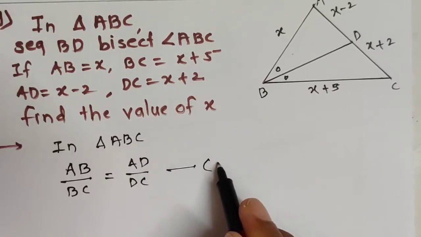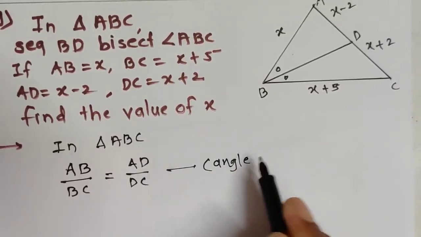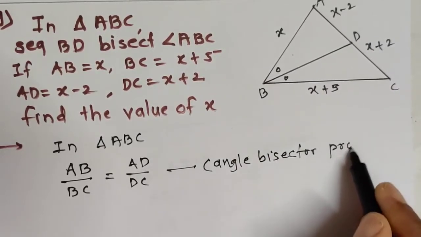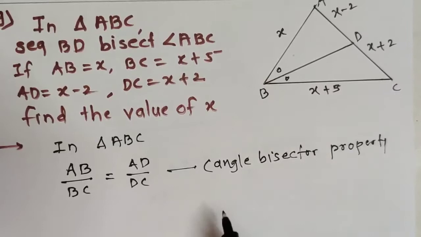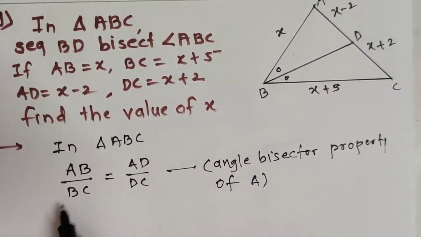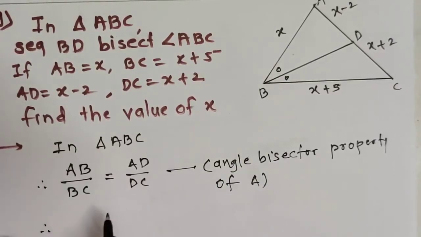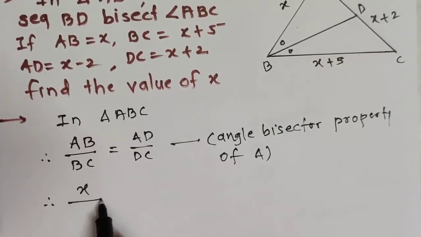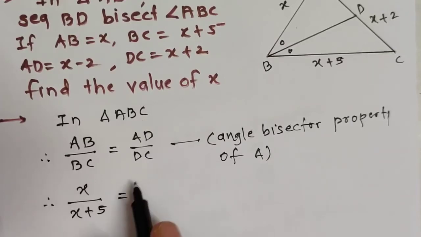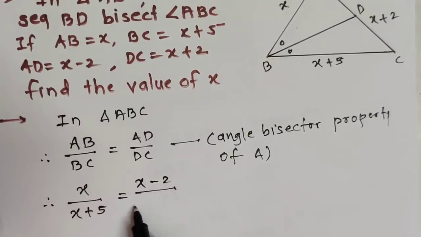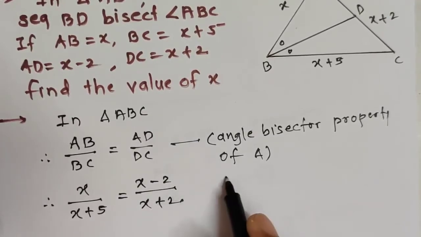The reason is angle bisector property of triangle. Now substitute the values. AB is given x, so x divided by BC, which is x plus 5, is equal to AD, which is x minus 2, and DC is x plus 2 from the figure.